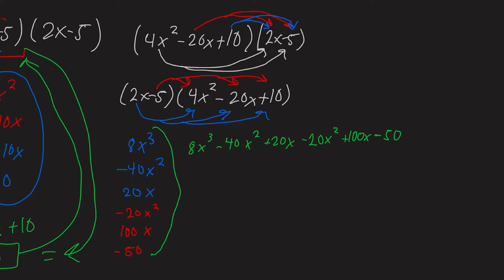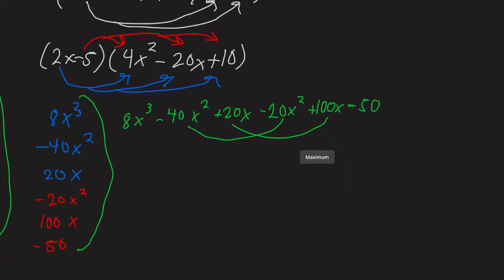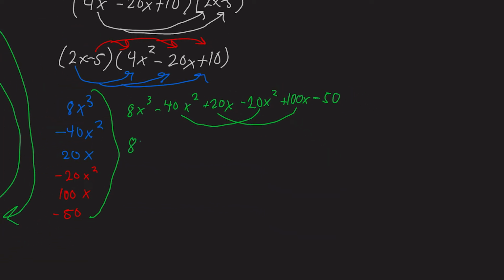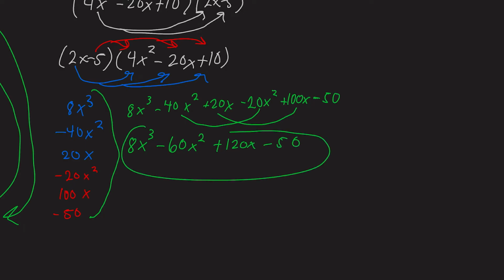Okay? And now we need to combine like terms. I have 2x squareds, I have 2x's. So those need to be further combined. 8x to the third, negative 40x minus 20x gives me negative 60x squared, and 20x plus 100x gives me a positive 120x. And I bring down my negative 50 to get this as the final resultant of my entire multiplication.